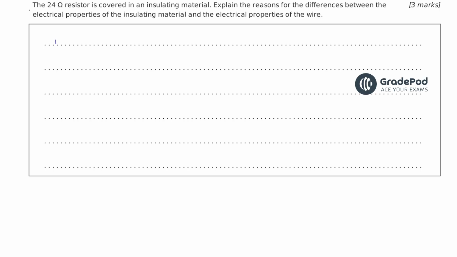Okay, we want 3 marks. 1. Insulating material does not conduct electricity. Okay. Conducting material does, or the wires do.